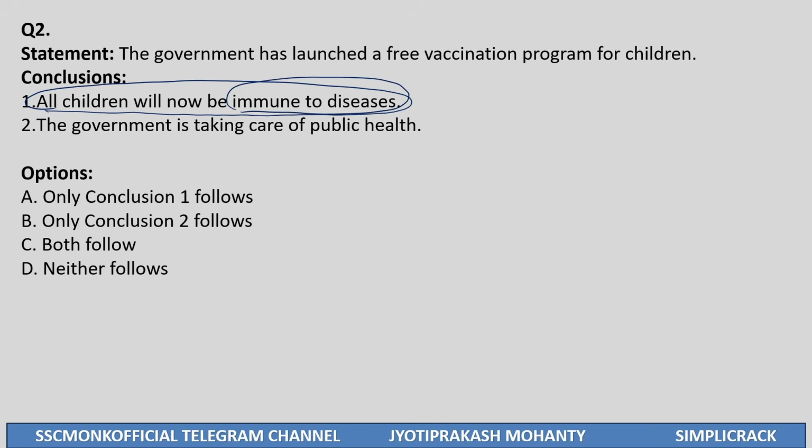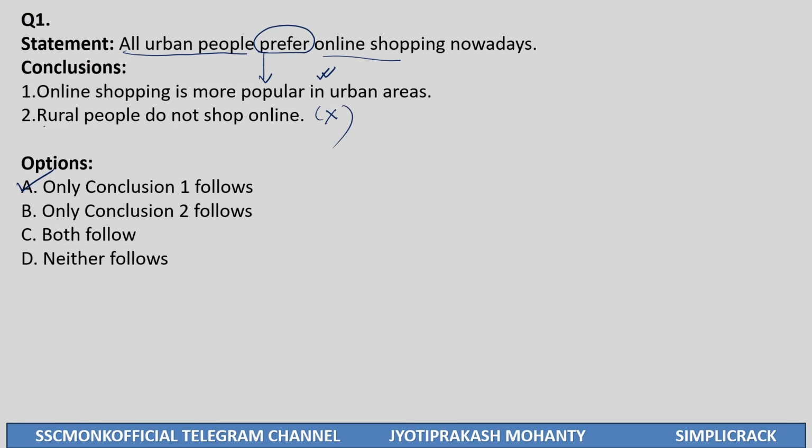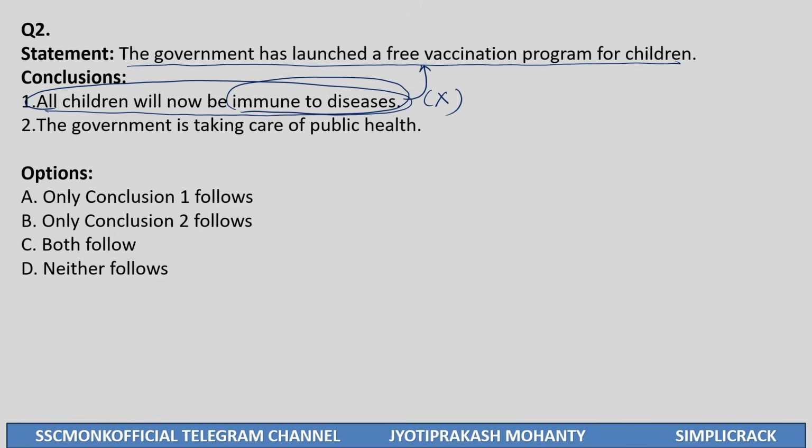Immunity to disease. Now, is there anything here about immunity in this particular statement? No. So there is nothing directly involved with the statement. That means it is not my conclusion. Very basic. Because the thumb rule is the conclusion should directly match the statement. And if it matches, it will follow as the conclusion.